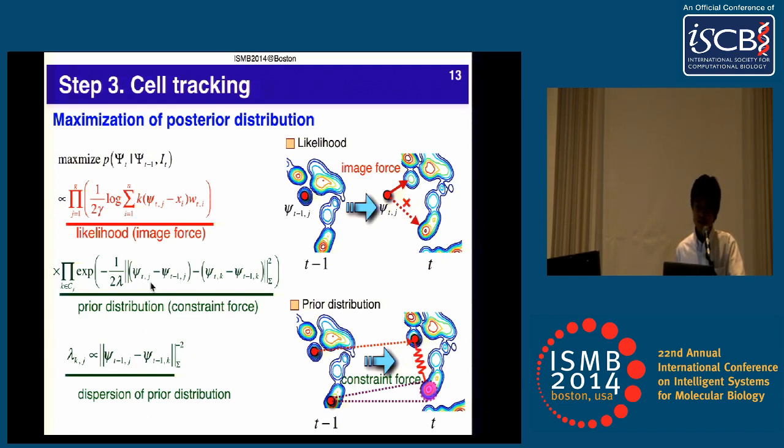This prior distribution generates the constraint force on trackers for enforcing their spatiotemporal covariation. So in this way, we can avoid the switching and merging.